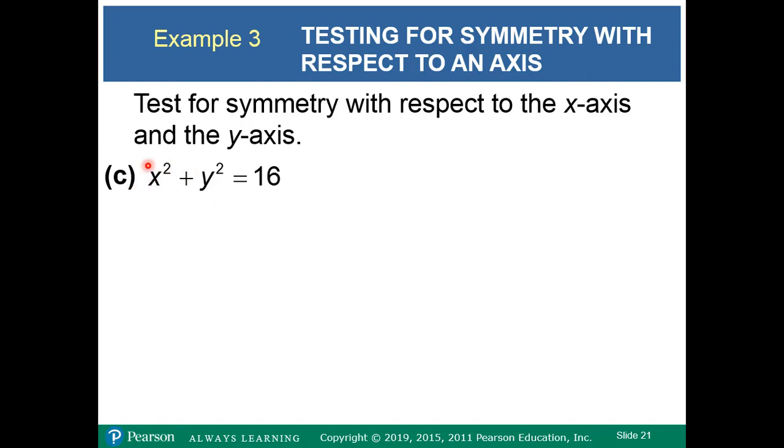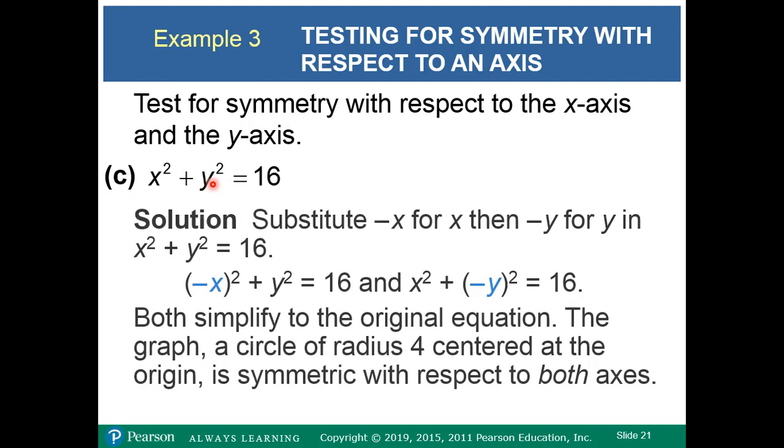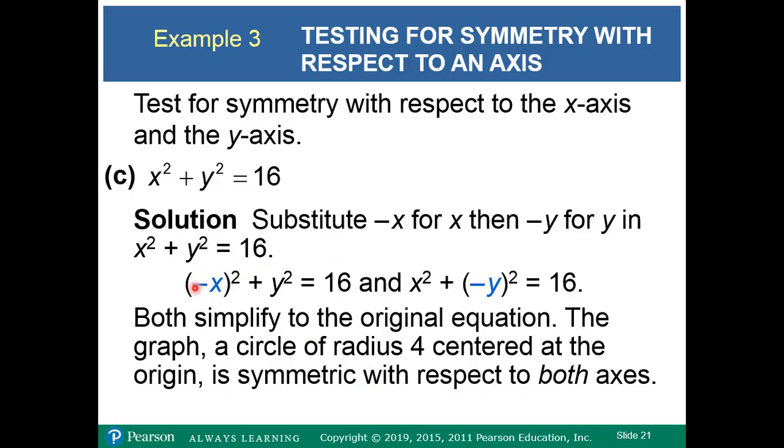We're going to replace each one of these with negative x and then with negative y, and we'll show that we get the exact same thing. If you replace this with negative x, you're going to get x squared back out, and so you get the same thing. And if you replace y with negative y here, you're going to get y squared again. So in both cases, you end up with the original equation back.